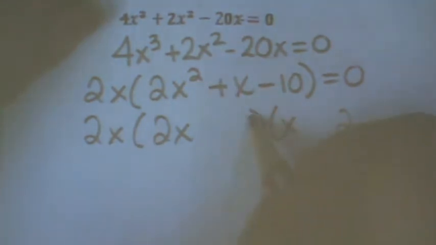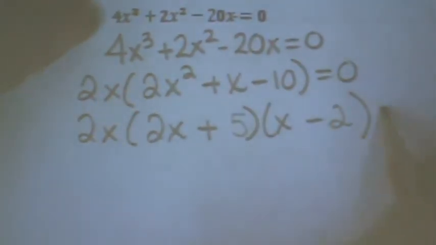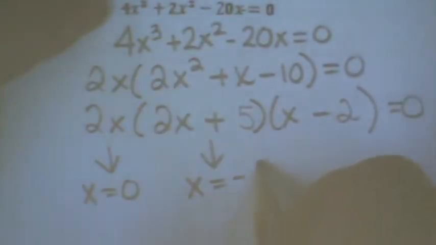If we did a 2 here and a 5 here, we get 4. And so we want the positive here and the negative here. So 5 times negative 2 is negative 10. These give you negative 4, positive 5 is a positive 1. So your answers for this one are 0, negative 5 halves, and 2.